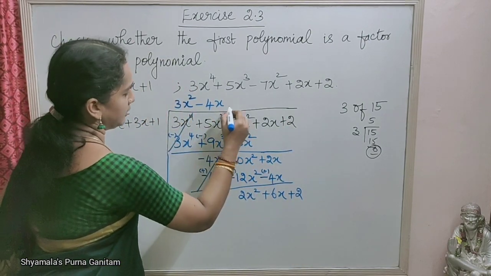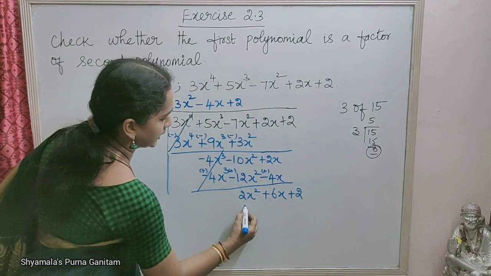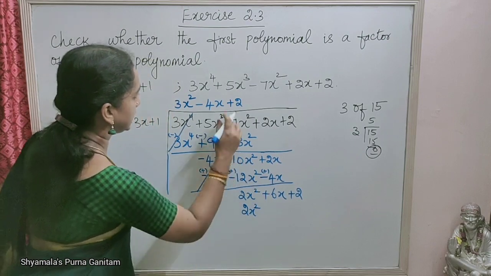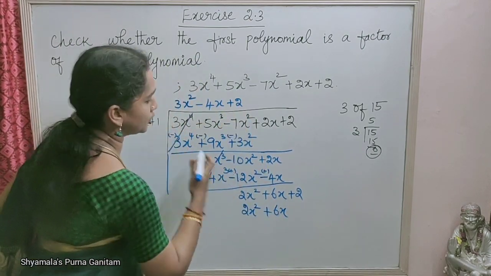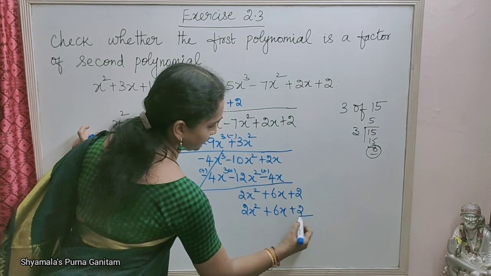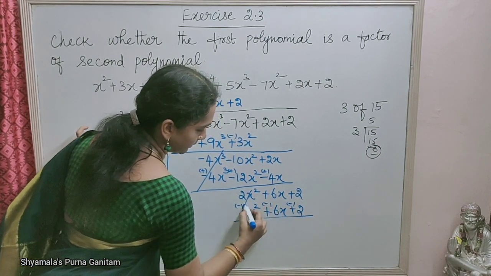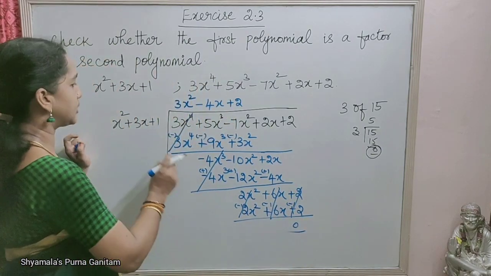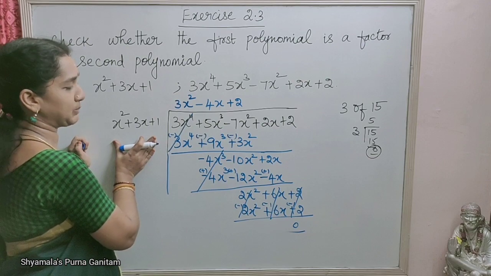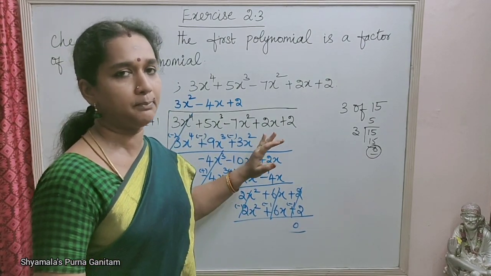Then if I substitute plus 2 here, plus 2 into x squared is 2x squared, then 2 threes are 6x, then 2 ones are 2. So when I subtract both the polynomials, everything will get cancelled. The remainder will be 0. So x squared plus 3x plus 1 is a factor of the given biquadratic polynomial.